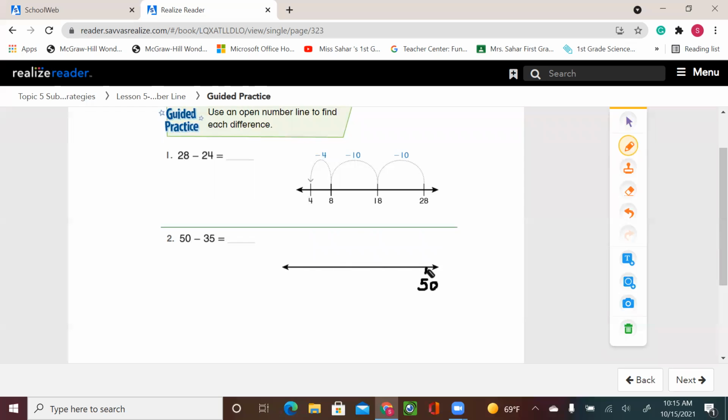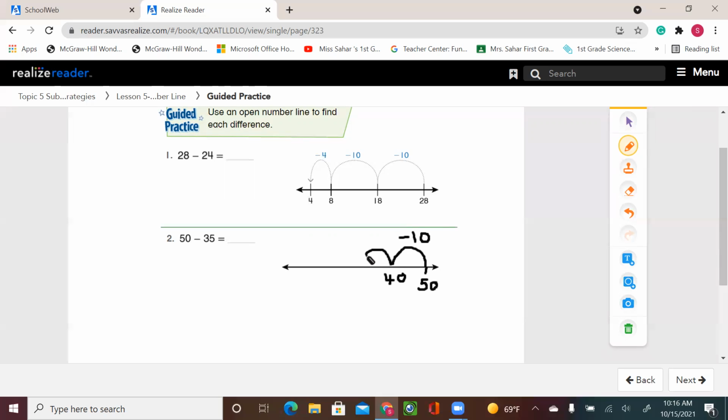So I can jump 3 tens, then jump the ones, or I can jump just one big jump that subtracts 3 tens from the 5 tens. So it's up to you. Let's go step by step. Let's do the easiest way, which is 3 tens. So I'm going backward, one jump, which is a 10. It's going to be 40 because I'm taking 1 ten from the 50.